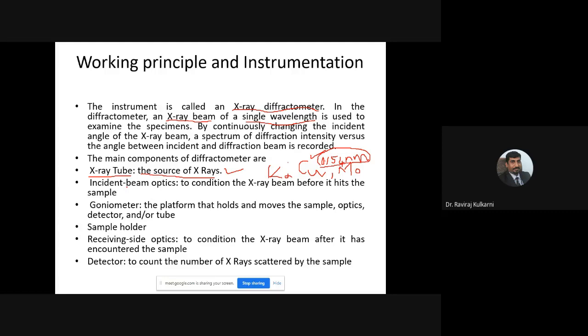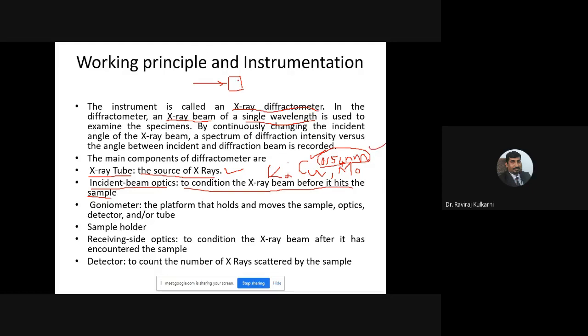So what do you require? Incident beam optics. To condition the X-ray beam before it hits the sample, you need to monochromate it. I want only 0.154 nanometer. You require a filter which allows light of this wavelength.